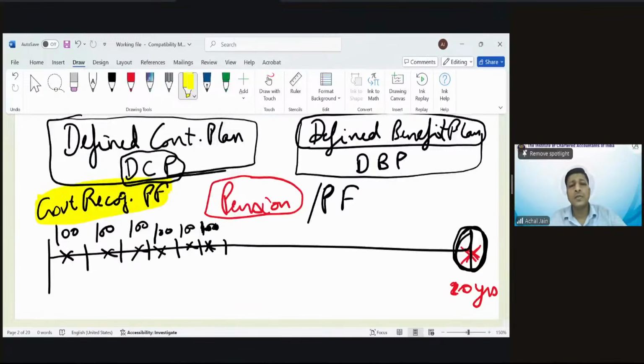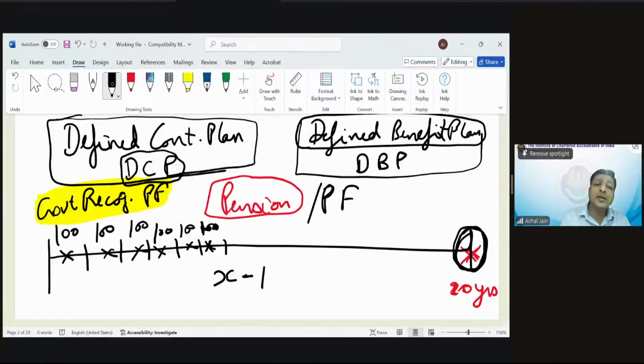Okay. Now, at the end of the 20th year, let's suppose some amount is payable to the employee. Let's suppose that amount is X. X is the amount which is payable to the employee. But the fund has got only X minus 1. Why? Because the required returns which were legally required to be paid, on the basis of the contribution plus the return on that, have not been sufficient.